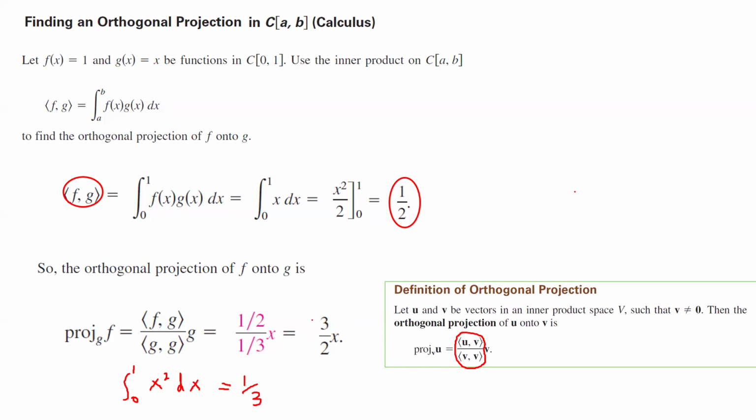You're just changing the slope. The slope of g was 1. Now the slope is 3/2, everybody. That's how you find the orthogonal projection of a function, which is a vector, onto another function, which is another vector in this vector space.